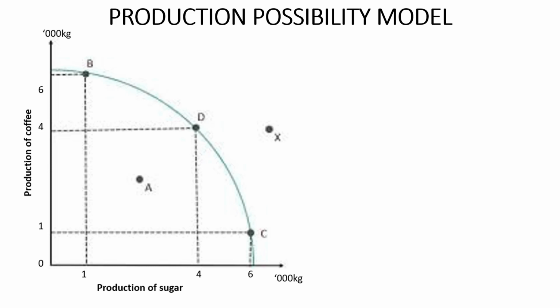However, these 2 products do not need to be sugar and coffee. They could be any 2 different kinds of products, such as hamburgers and pizzas, defense equipment and trains, education services and health services, goods and services, and so on.